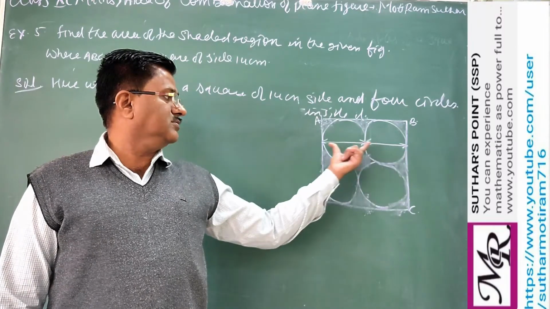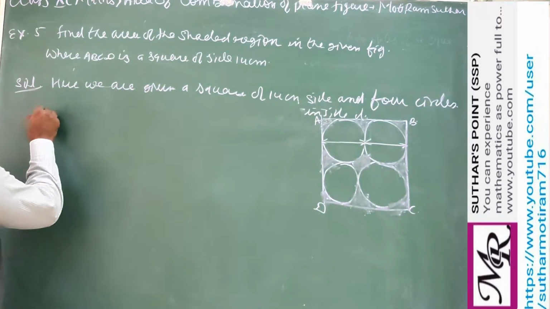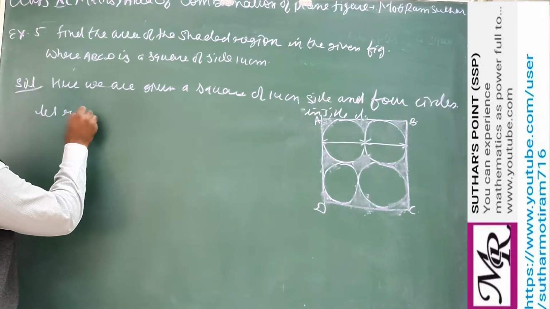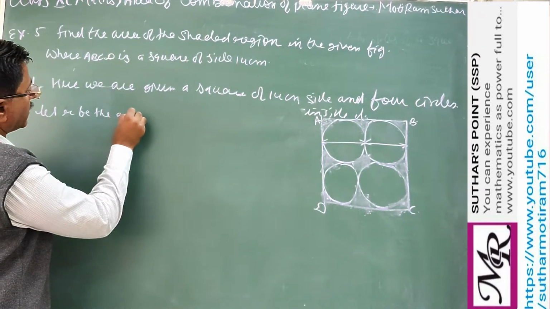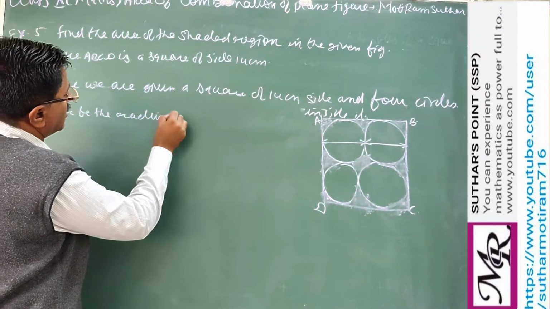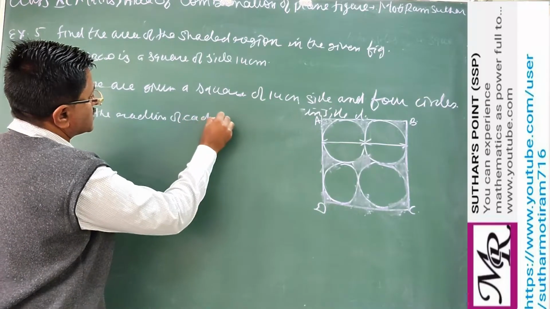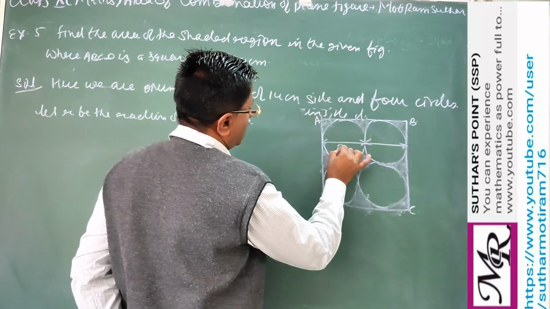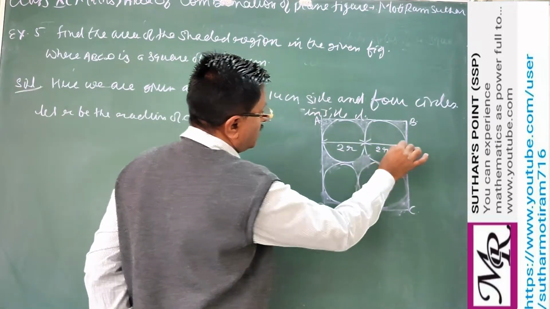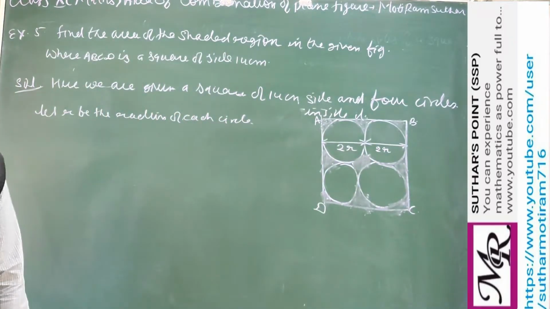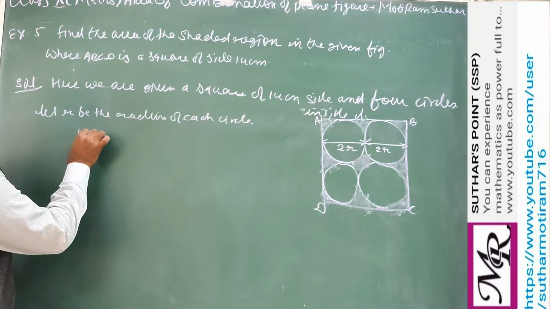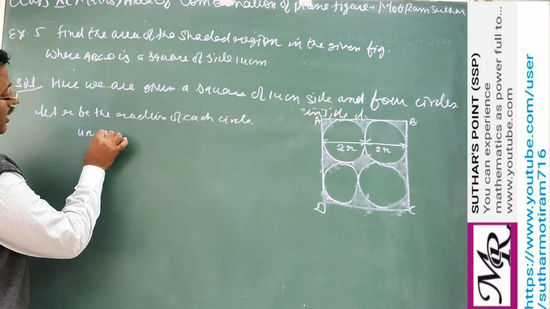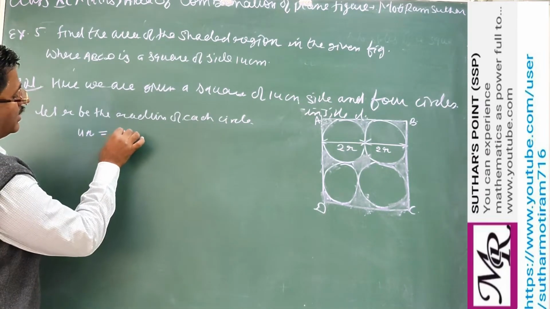Let R be the radius of each circle. So this is 2R and this is also 2R. So we get 4R equal to the side of the square.